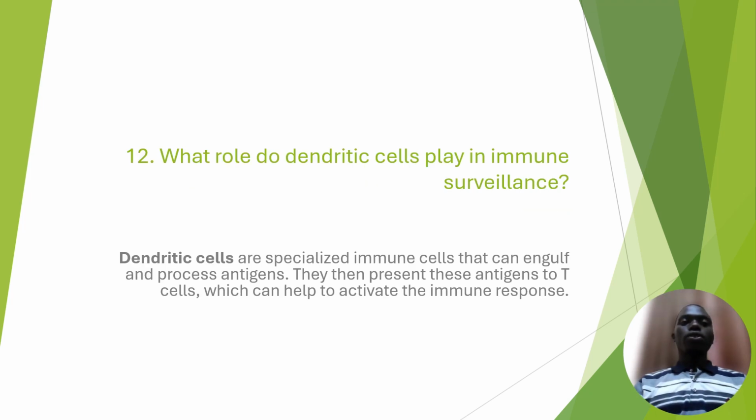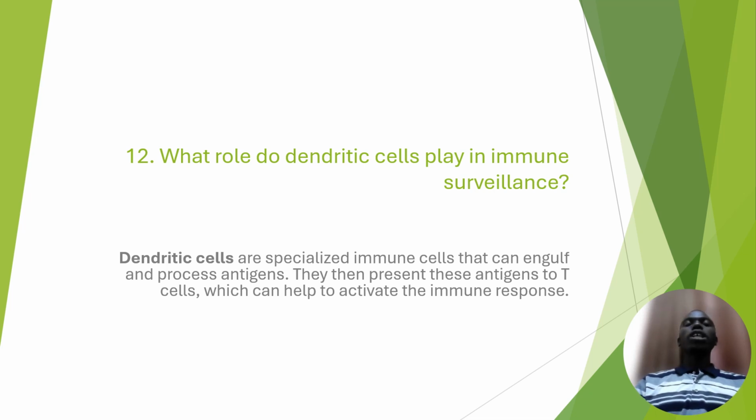The 12th question was asking the role of dendritic cells in immune surveillance. These dendritic cells are specialized immune cells that can engulf and process antigens. They then present these antigens to other cells, which helps to activate the immune response.